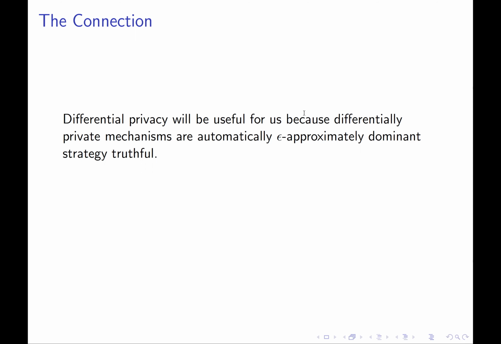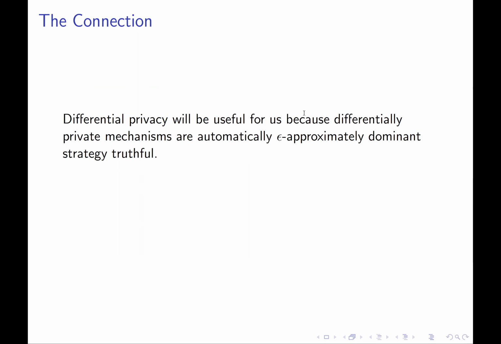Which means that we can, again, this is sort of a running theme in this class. We did it also in a couple of other settings, in particular when we were talking about single parameter mechanism design. We can, again, reduce a mechanism design problem to a purely algorithm design problem, right?